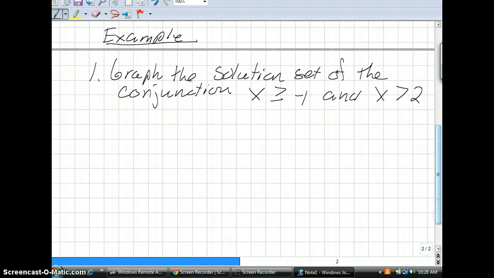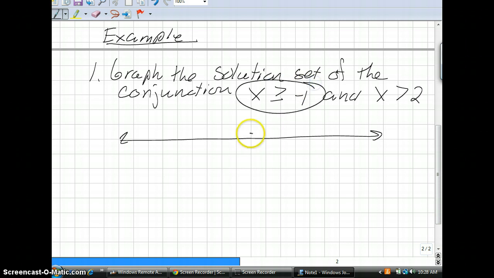Okay, so if I look at the number line for this one, here's my 0, here's -1, here's -2, here's 1. So this says x is greater than or equal, so that means that -1 is included, so we put a solid circle, and all the numbers greater are on that side.